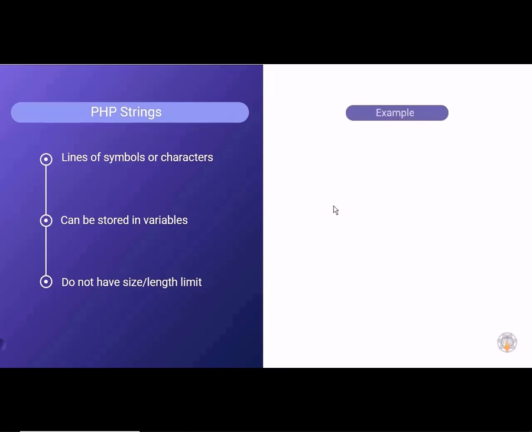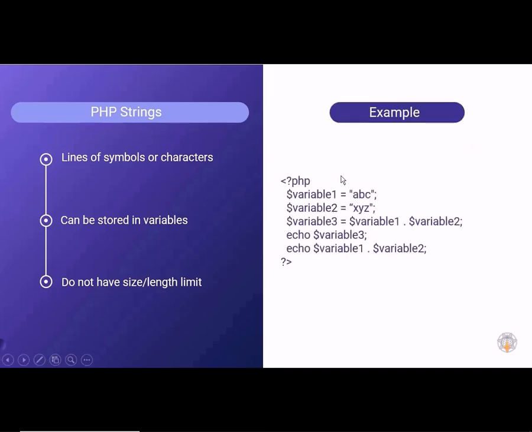So let's see an example. This is variable 1 that I am declaring here, and ABC is a string, and XYZ is another string. So ABC is stored in variable 1 and XYZ is stored in variable 2. Now we are concatenating, and the dot operator is what I am using here.